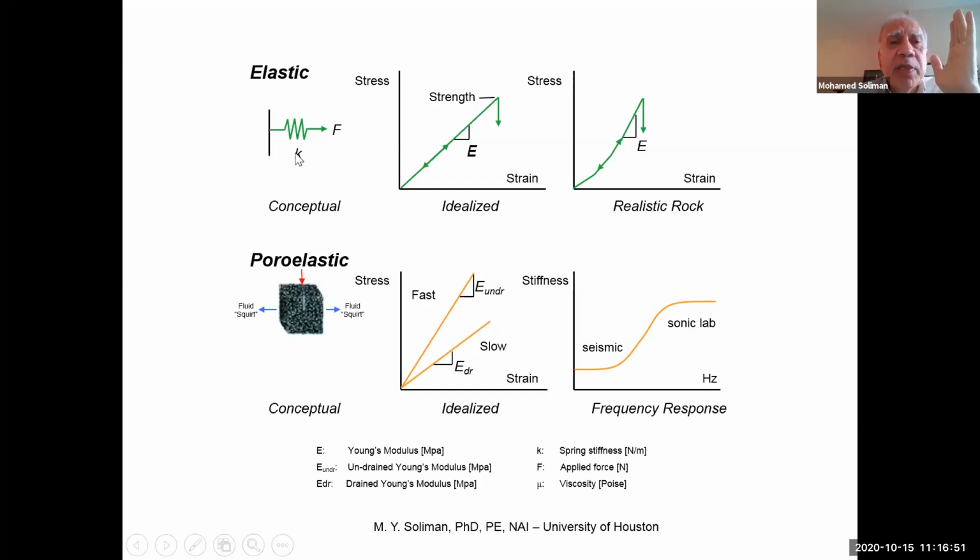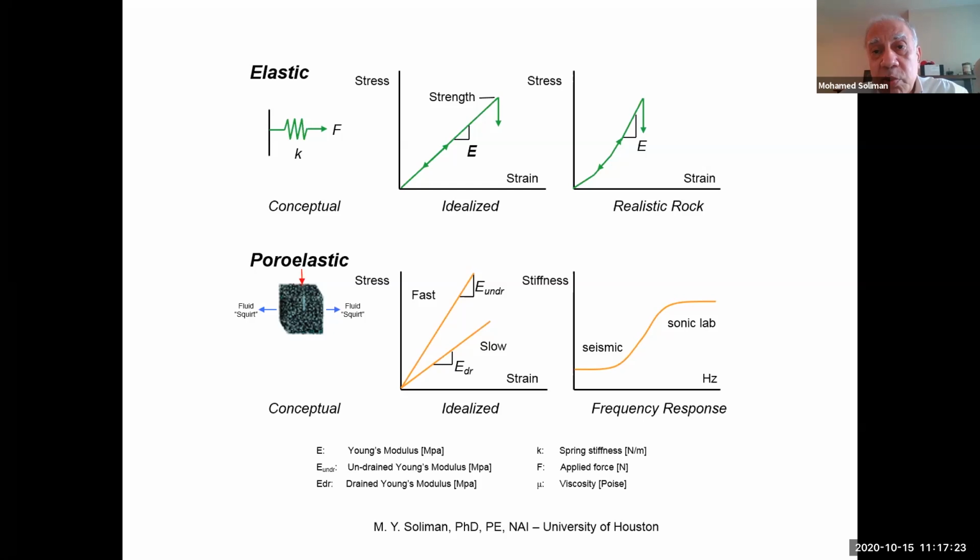If I compress it, it gets shorter, and then I release it, it goes back to the original value. And if you look at stress versus strain, it's going in a straight line. If I release it, it goes back on that straight line. So not only is this linearly elastic, but there is no hysteresis. It goes back on the same line.